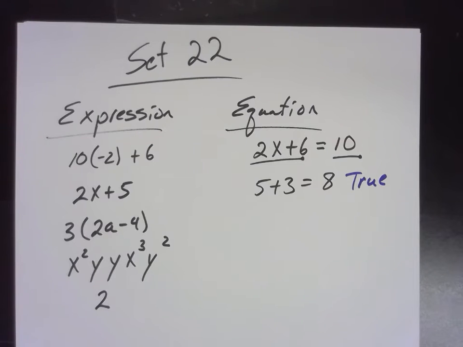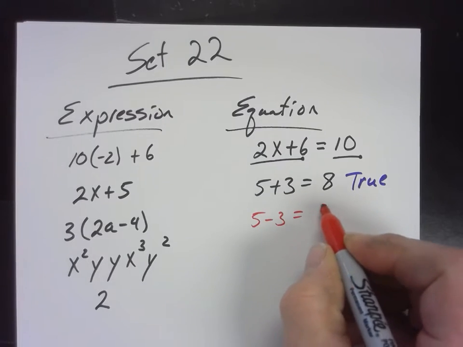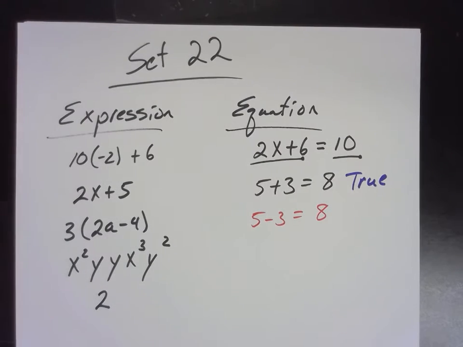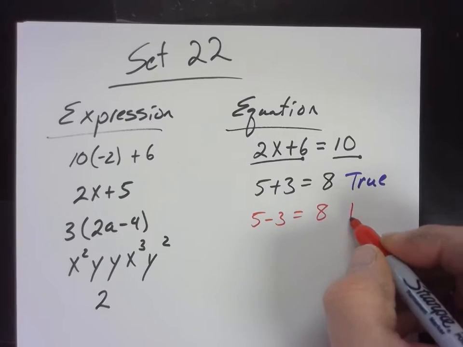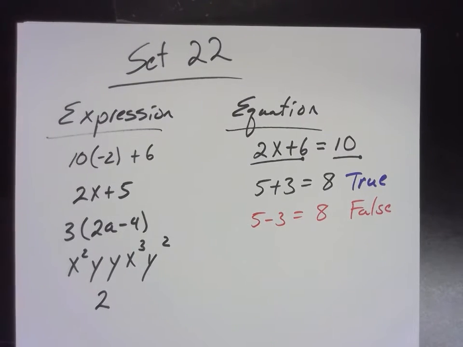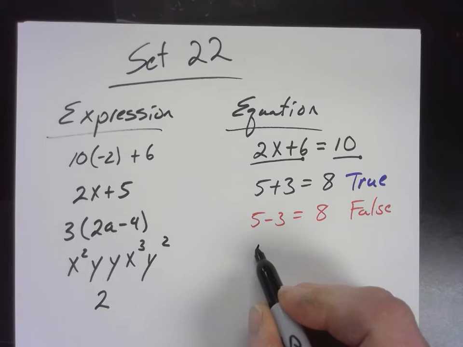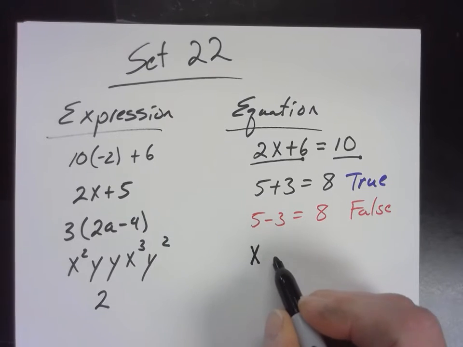No? How about this one? That one true? No, some equations are false. We're not super concerned with that all the time. I think more often we're actually concerned with this.